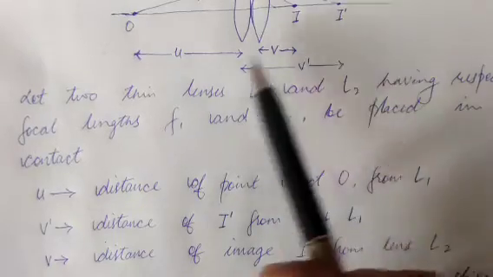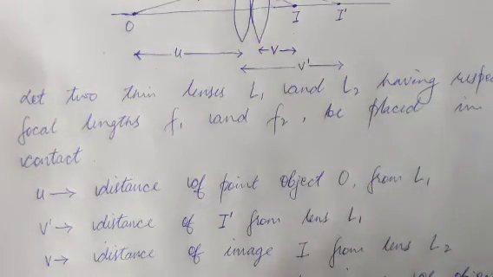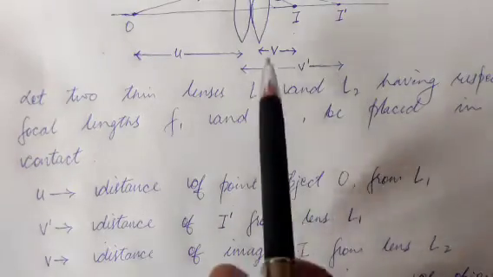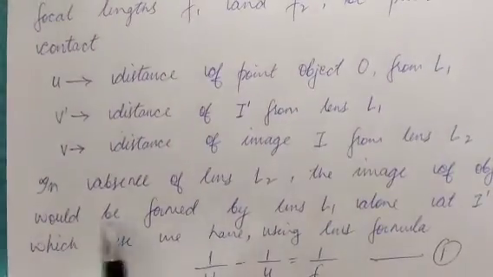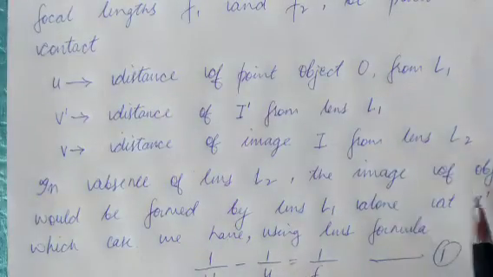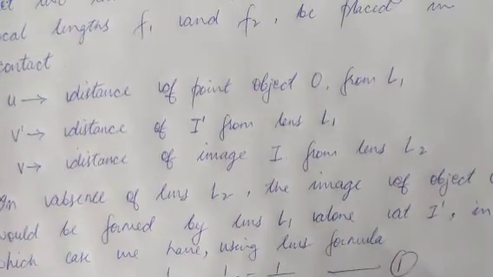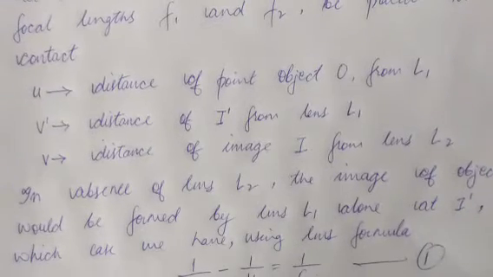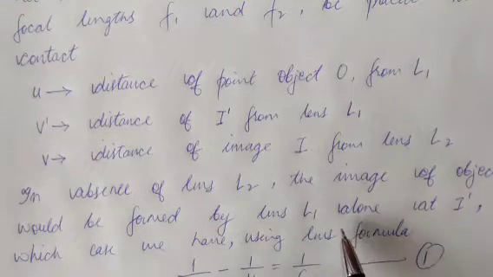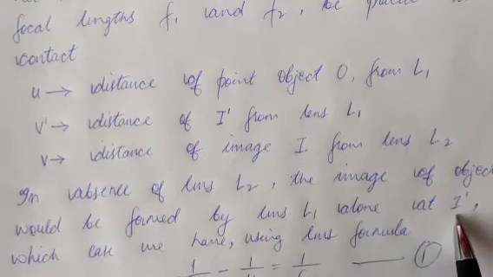So the distance of I dash from lens L1 is V dash, and the distance of the actual image I that is formed is V, measured from lens L2. So in absence of lens L2, the image of the object O would be formed by L1 alone. That is exactly what I've written at I dash.